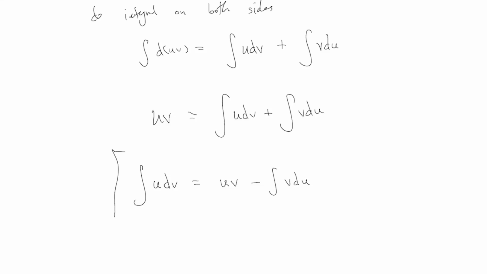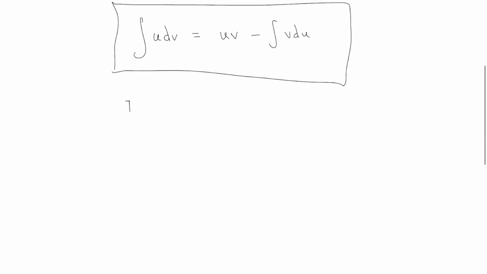And this, my friends, is the integration by parts formula. It comes from doing the product rule and then just rearranging, writing it using integrals instead of derivatives. You need to memorize this, although we're going to use it often enough that I think you will just naturally remember it.